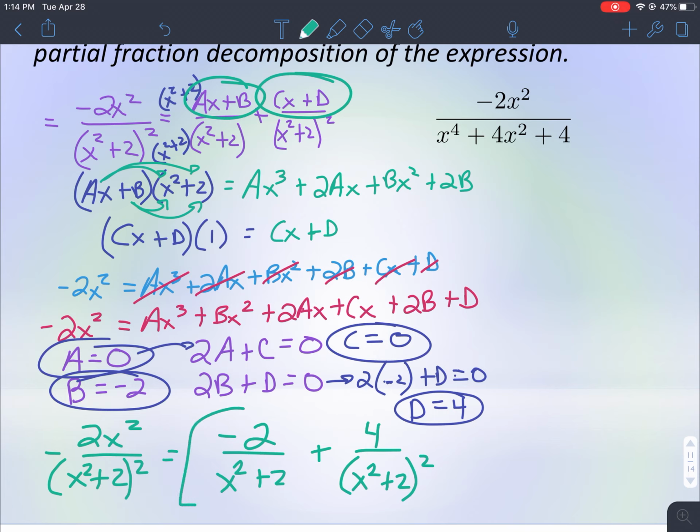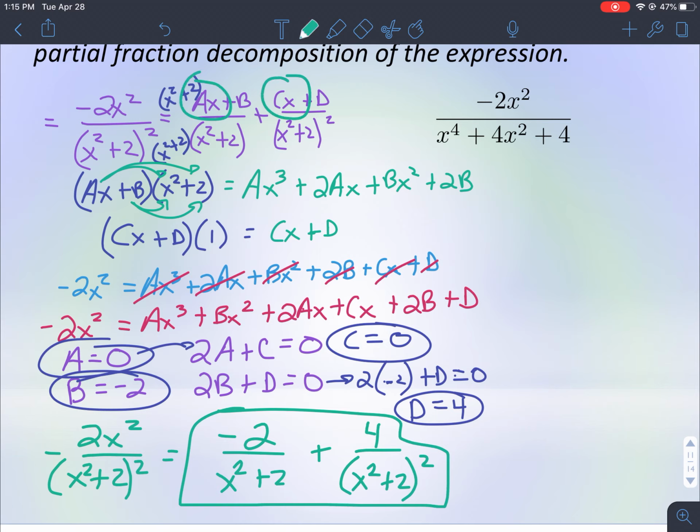There you have it, the partial fraction decomposition. Even though there were no other answers for A and C, they just equal 0, that's probably because this is a single term in the numerator. If there were more terms, then you might have some more equations to solve.